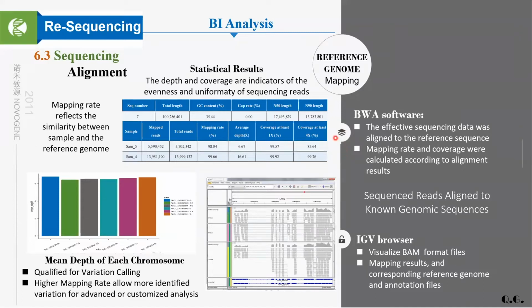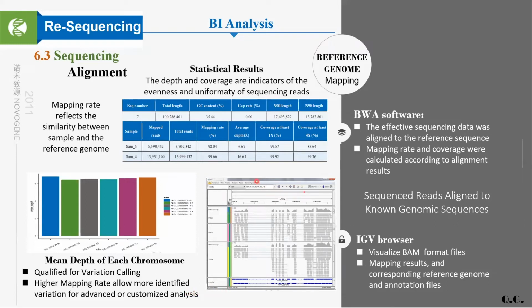The mapping rate reflects the similarity between the samples and reference genomes, while the depth and coverage are the indicators of the evenness and uniformity of sequencing reads. In addition, the mean depth of each chromosome is illustrated here to further evaluate whether the mapping result is in the qualified normal range for accurate variation calling.